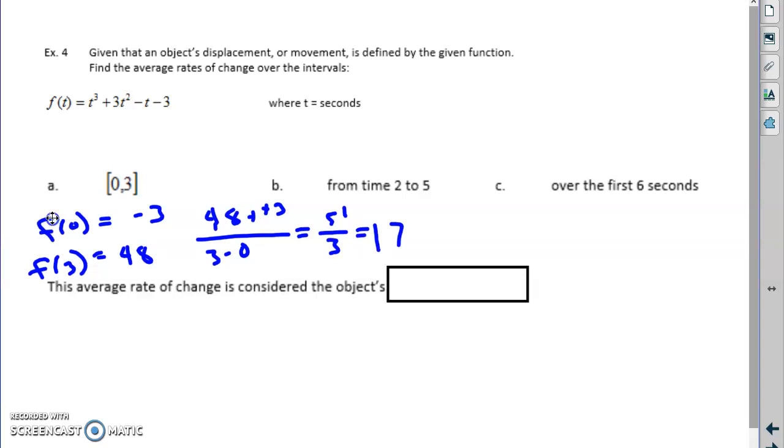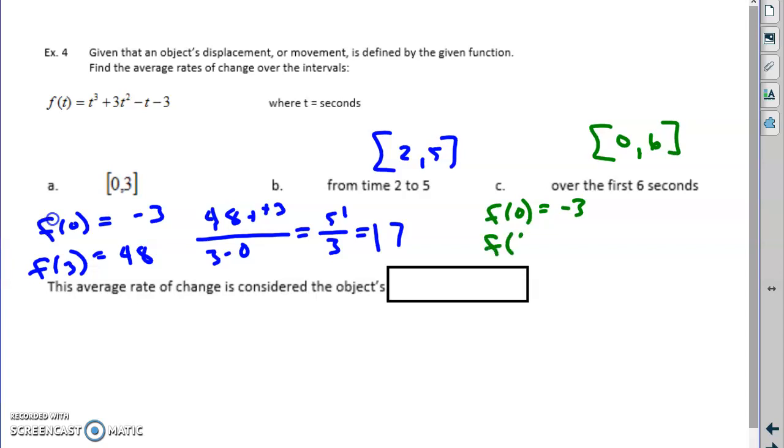Now, the only reason why I gave you these other two questions is because it's worded slightly different. From time 2 to 5. Easy. The interval of 2 to 5. Plug them in, change in y over change in x. But how about this one? Over the first 6 seconds. What does that mean? Again, from 0 to 6, f of 0 is -3, f of 6, I just did some quick arithmetic in my head, 315.